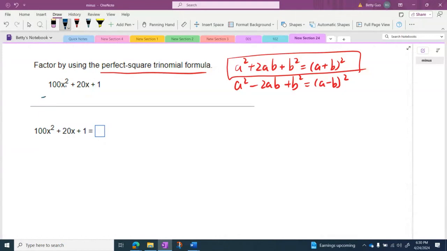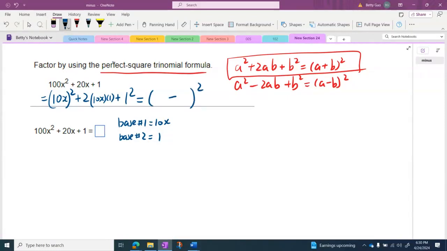So in this quadratic trinomial, 100x squared is 10x to the power 2, and 1 is 1 squared. In the middle, we have twice the multiplication of the two bases. So the first base is 10x, and the second base is 1. So we can factor this trinomial as the square of a binomial sum, first base plus second base.